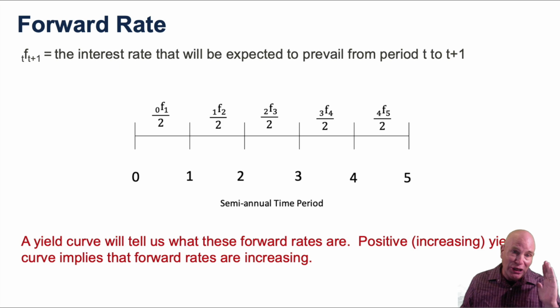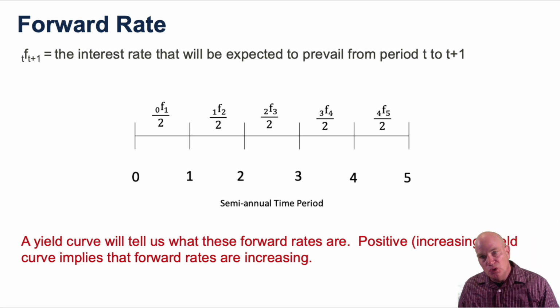So we're sitting here today at time 0. The forward rate 1 to 2 is the market-driven expectation of the forward rate from 1 to 2. Now, obviously, that could change from now till the period due to market changes. But right now, that is the market estimate of what that forward rate is.